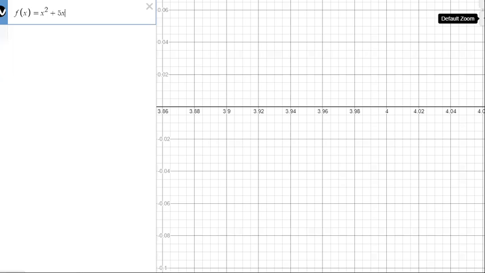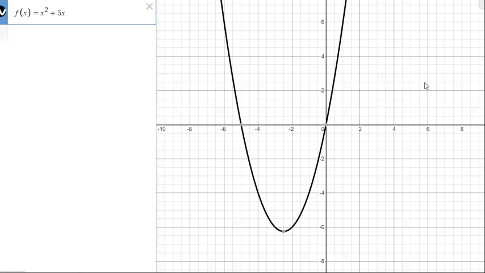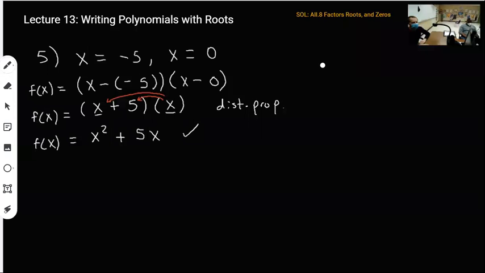So I type that in and I zoom out, and here it is. That's our graph. Notice where it crosses the x-axis though. It crosses at 0 and -5. And those were our roots, right? We started off with x equals -5 and x equals 0. All we're doing is we're making the factors out of those.